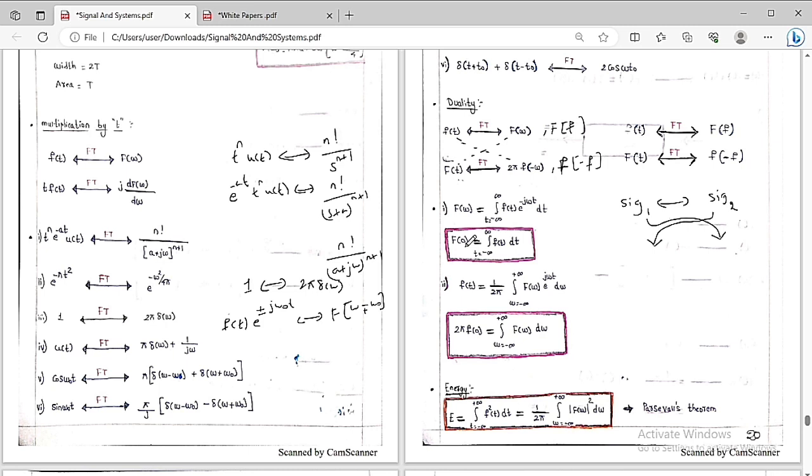So we can say the area under the time domain signal is nothing but, in the frequency domain, the value at omega equal to 0 of the Fourier transform. Finally, in the Fourier transform, if I substitute omega equal to 0, we get F of 0 equal to the integration from t equals minus infinity to plus infinity of f of t dt. It indicates that at omega equal to 0, the value of the Fourier transform is nothing but the area under the signal f of t.